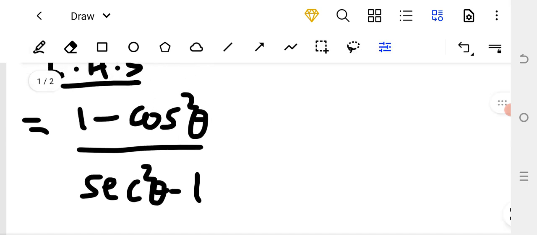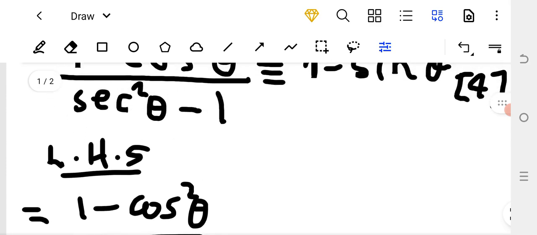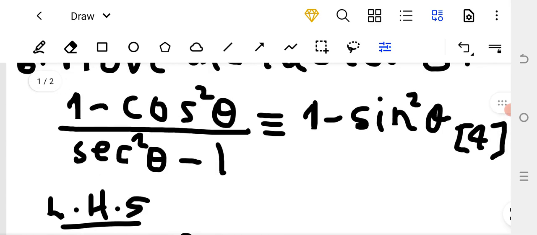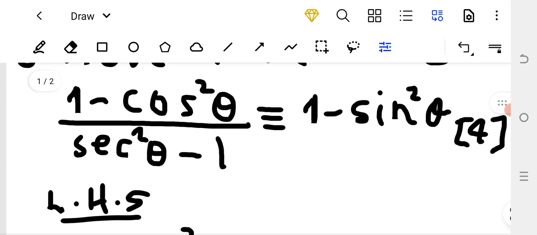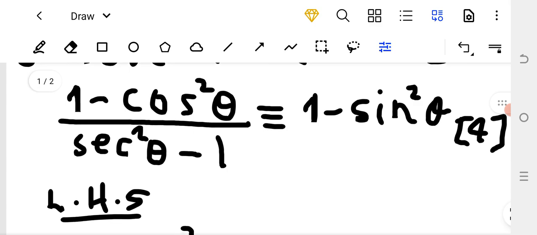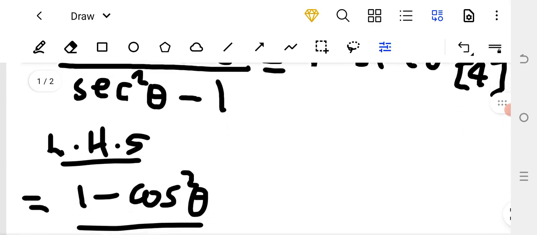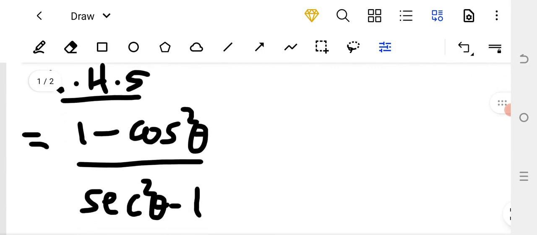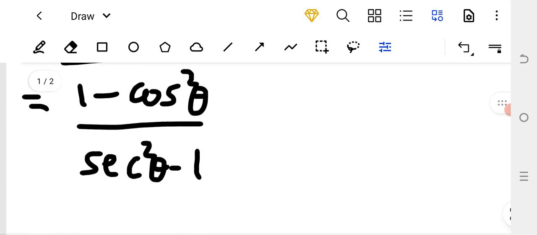That's the identity that you have. So when you have something like this, you look at the right hand side. The right hand side, which is 1 minus sin theta squared, only has sin theta squared. So we need to think of a way of getting sin theta squared on this left hand side.